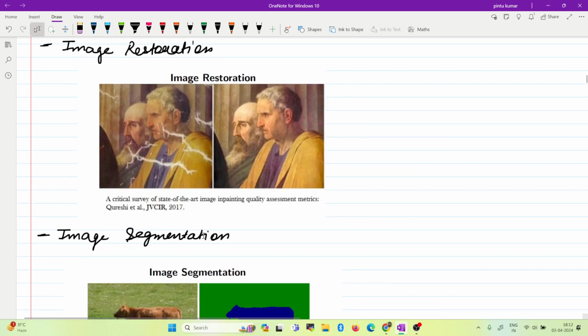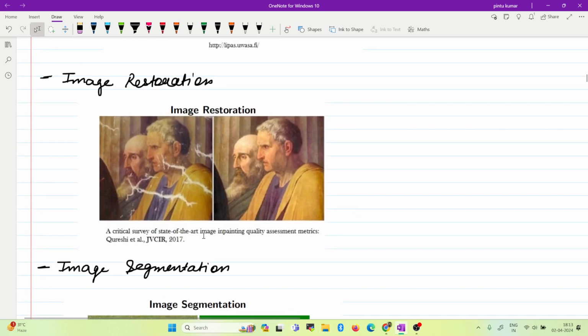The next task that I'm going to discuss here is image restoration. Okay. So you might have some old photos in your album that are not in a very good condition. You want to fill in these positions and restore your image.